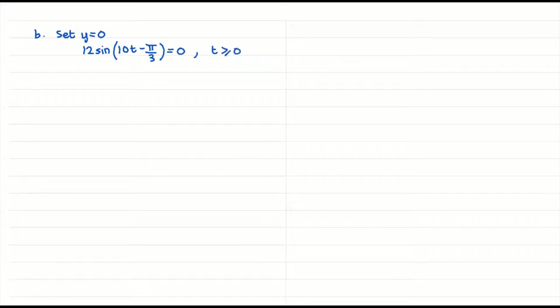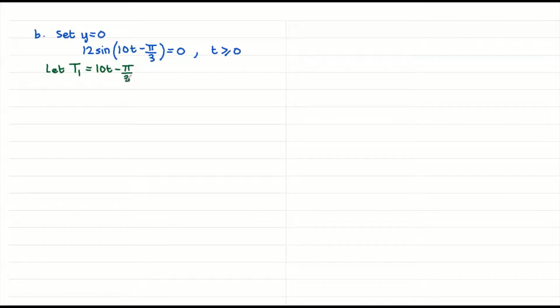So we have a trig equation format similar to what you've done previously in chapters 6 and 7 and also in year 1. To make things a little bit more simplistic, I'm going to call it big T1, because we're going to be doing more of this later. So big T1 is going to equal 10 little t subtract pi over 3.